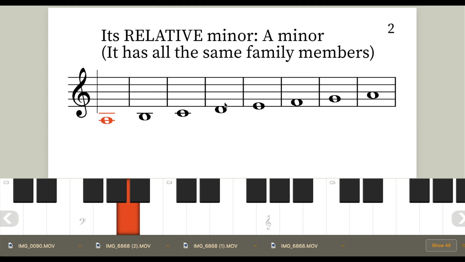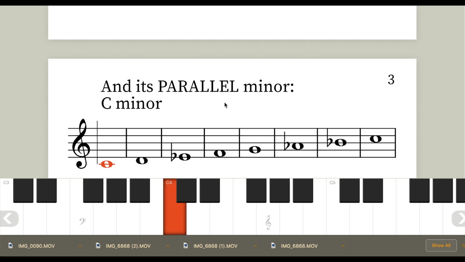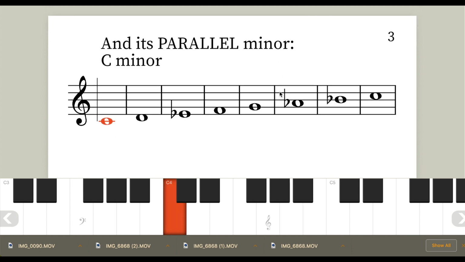And its relative minor, you know that as well, because you know how to go down 2 steps and start on the 6th note of C to get A minor. And now its parallel minor is C minor.